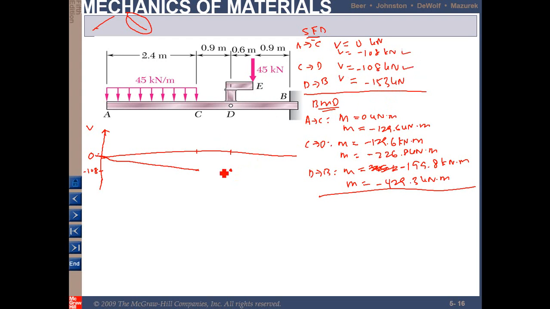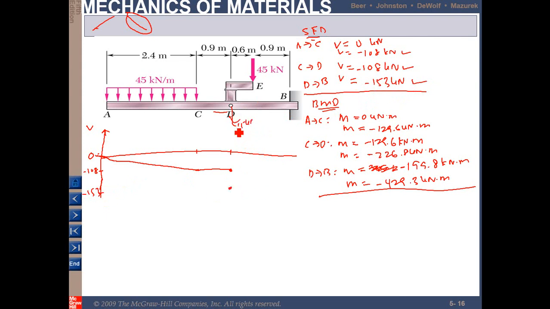Same to this. So you get a straight line for shear force because there is no force from C to D. That's why you got a straight line. And then from D to B, you have 45 kilonewton here, and then 153 is here, so you have one value in here.